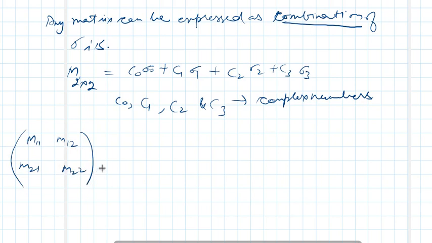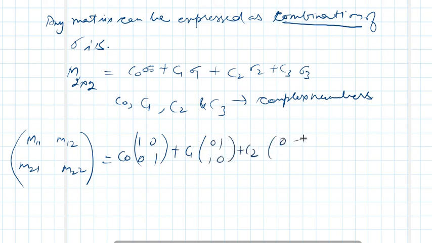So let me consider a general matrix whose elements are M11, M12, M21, M22. Now it can be expressed, as we have assumed, as C naught [1 0; 0 1] + C1 [0 1; 1 0] + C2 [0 -i; i 0] + C3 [1 0; 0 -1].